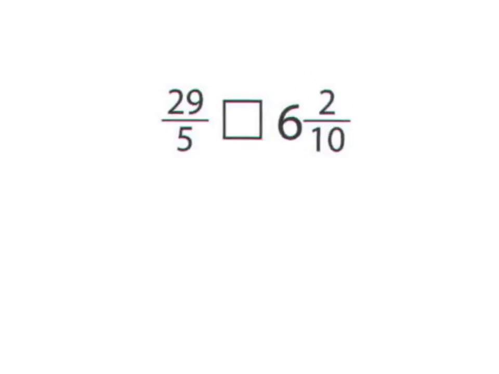We can do that by multiplying our whole number by the denominator, so 6 times 10 will give us 60, and then we're going to add that to the numerator, which gives us 62. So our fraction is 62 over 10. So now we have two improper fractions, 29/5 and 62/10.